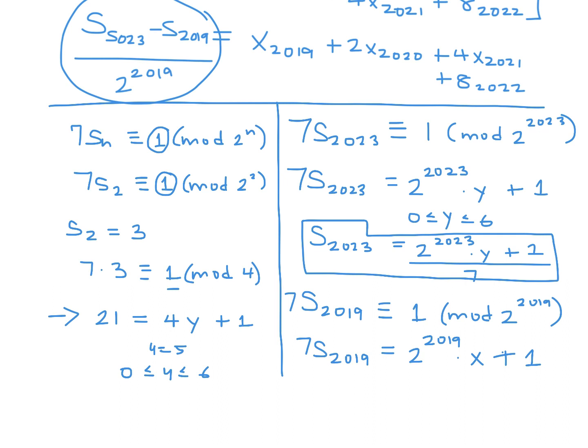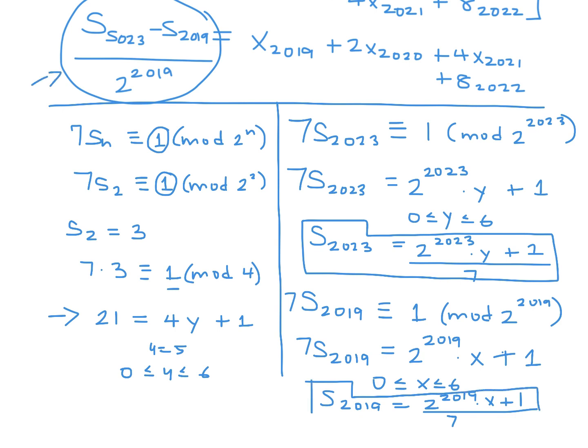And that is when x is between 6 and 0. And therefore S2019 is 2 to the power of 2019 times x plus 1, all over 7. And this is my other one. So to get this guy, I think I have everything I need.